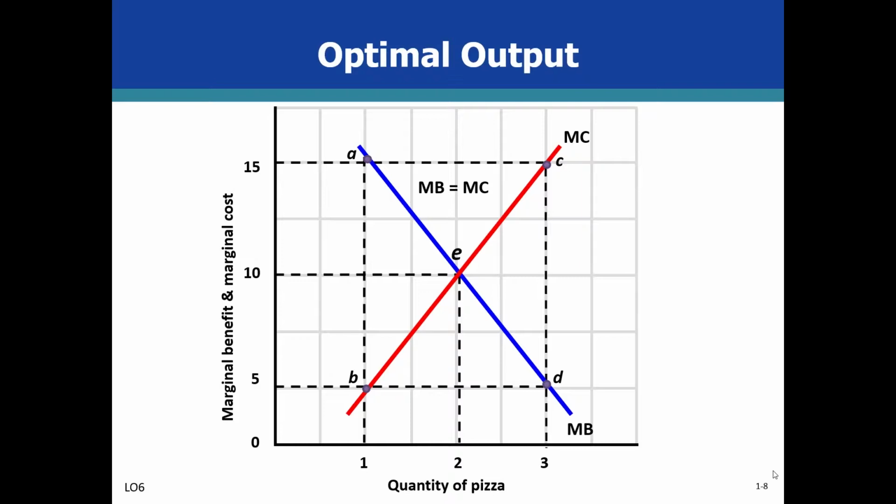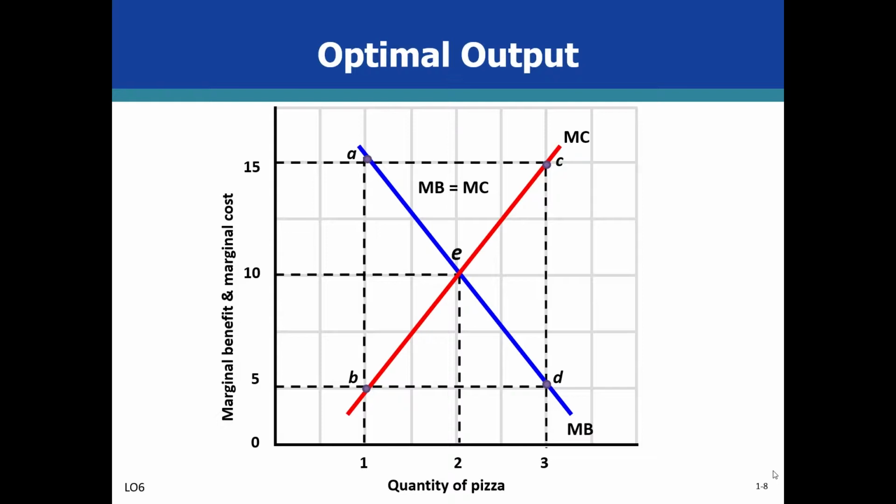At the other extreme, at point A, over on the left, marginal benefits exceed marginal costs. In this situation, people will want to consume more pizzas.